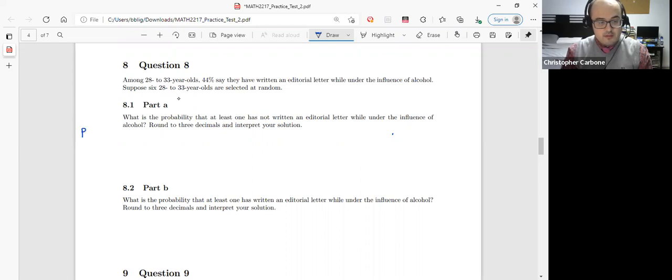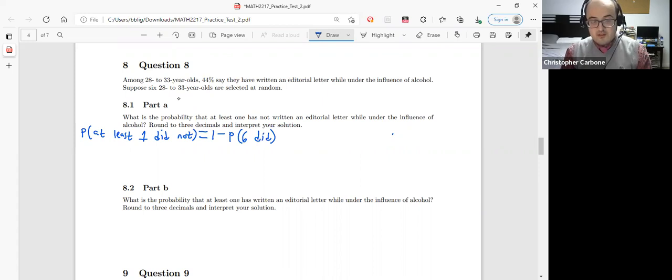So we want the probability that at least one has not or did not write that editorial letter. That's 1 minus the probability that none of them did, which is the same thing as all 6 of them did indeed write that letter.